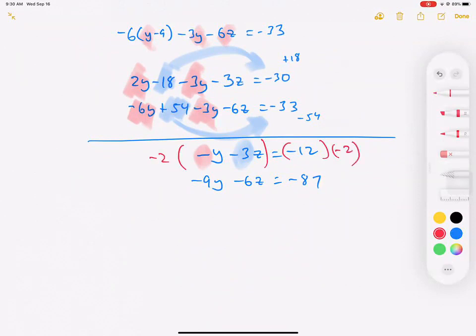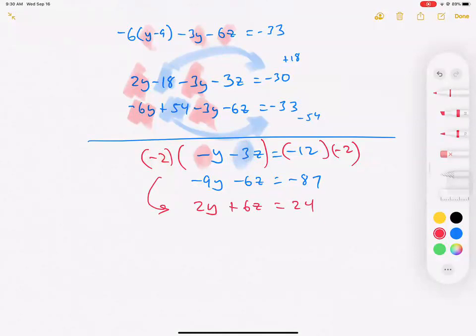Why did I choose negative 2? Because negative 2 times the negative becomes a positive 6, which cancels out with this negative 6. Remember, we're trying to make a match and then cancel that match. You could have multiplied by negative 9, and that would have been totally okay. You would just solve for a different variable, whichever one you think is going to be easiest for your brain. So when I rewrite this, I'm rewriting it as positive 2y plus 6z equals 24.